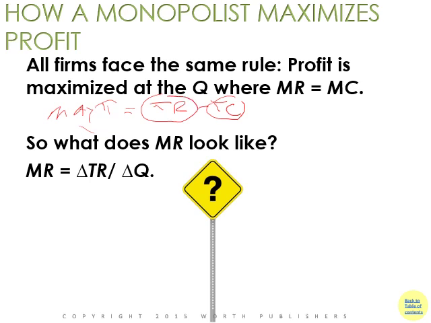And then when we look at this as a decision problem, we can show that our monopolist is going to produce at an output level where their marginal revenue is going to just equal marginal cost. And marginal revenue is the change in total revenue divided by the change in output.